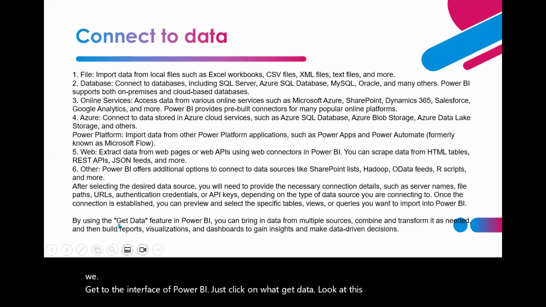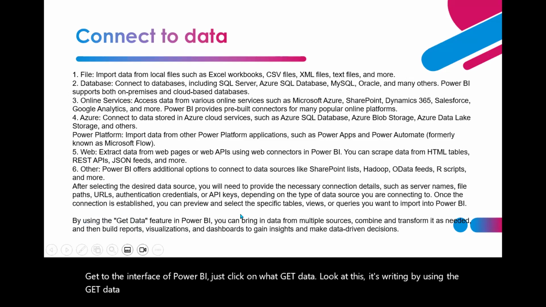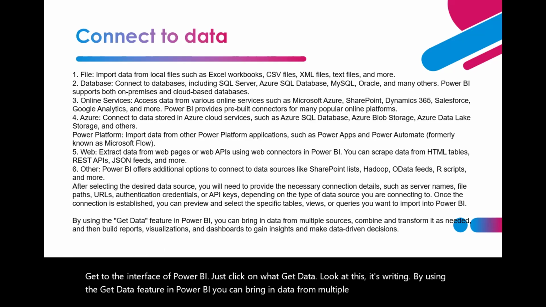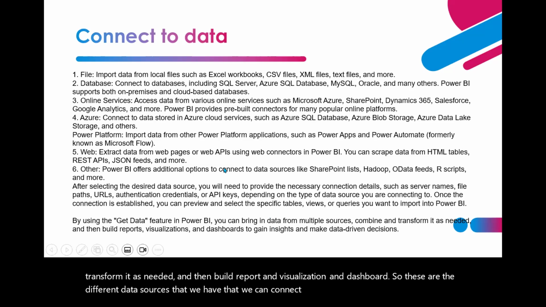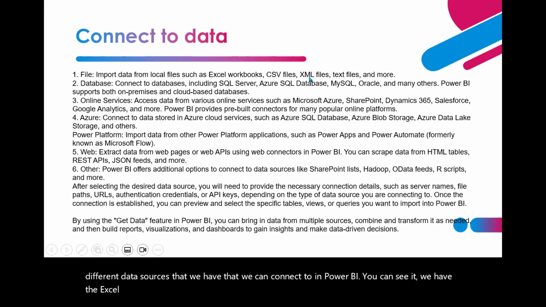By using the Get data feature in Power BI, you can bring in data from multiple sources, combine and transform it as needed, and then build reports, visualizations, and dashboards. You can see we have Excel workbooks, CSV files, XML files, text files, SQL Server, Azure SQL database, Microsoft Azure, SharePoint, and websites.